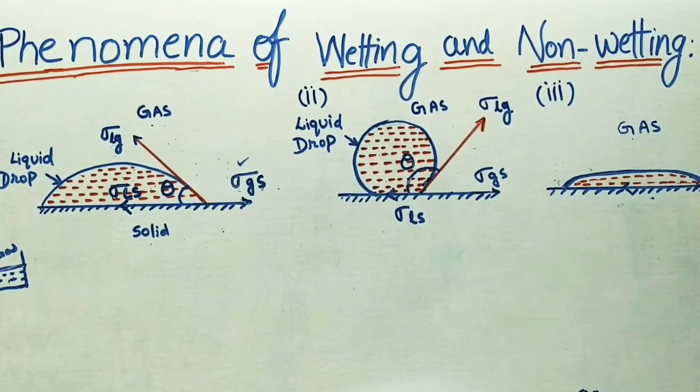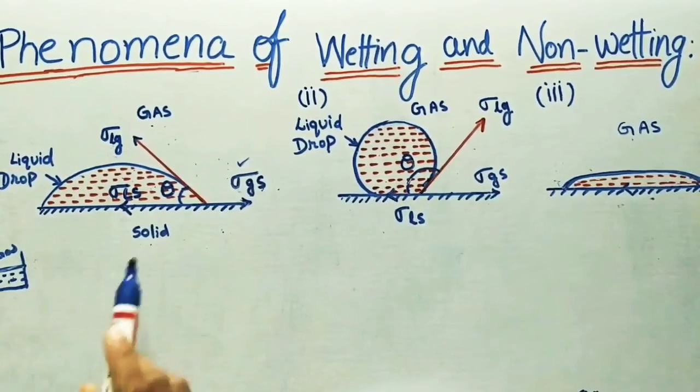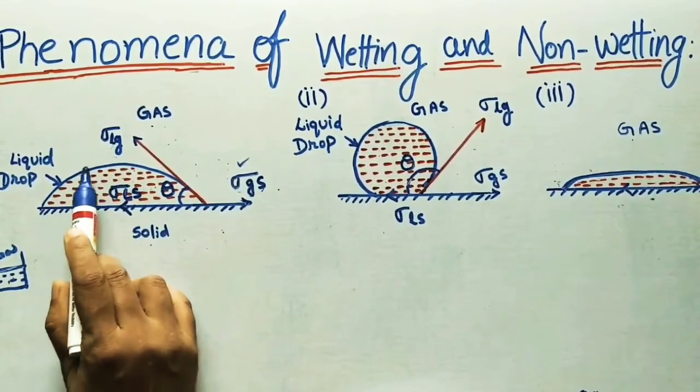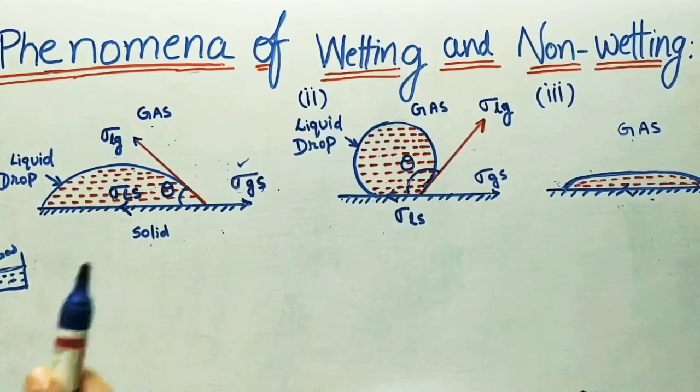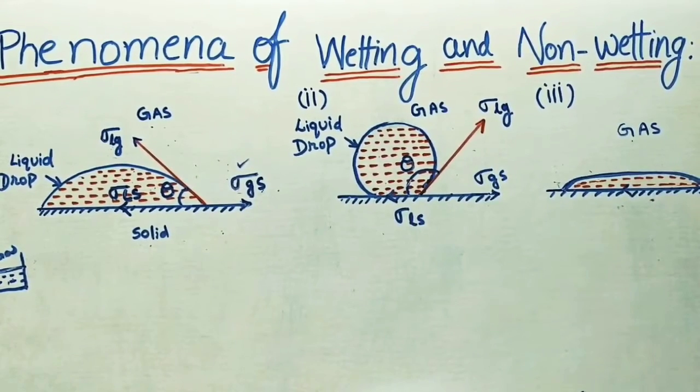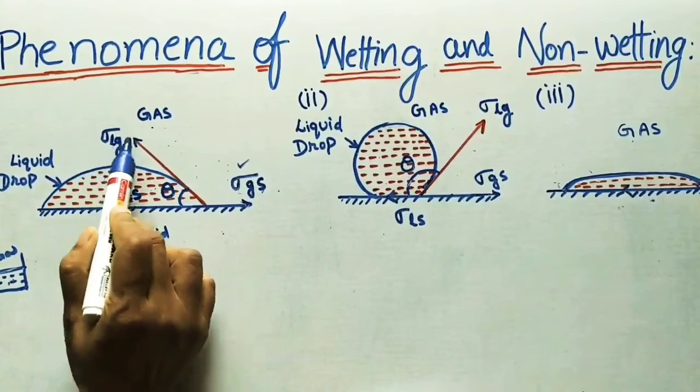Now, for getting the equilibrium of this liquid droplet, meaning if it has to stay in this shape, we have one condition at equilibrium. That condition is that this value should be more.